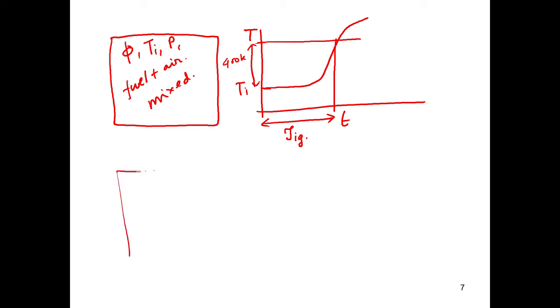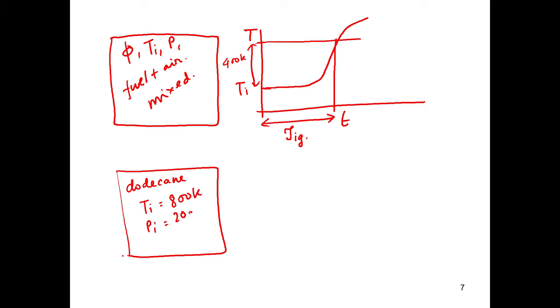Now we are considering dodecane and its Ti is equal to say 800 Kelvin and its initial pressure is say 20 atmosphere. It is a relevant temperature for gas turbine engine, right. So, how long does the fuel air mixture take to ignite? Of course, this is dodecane plus air.